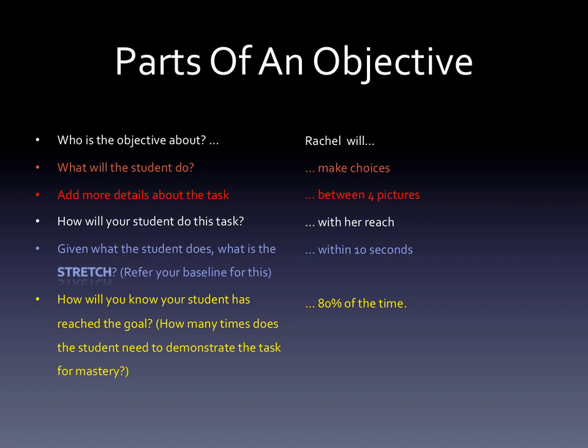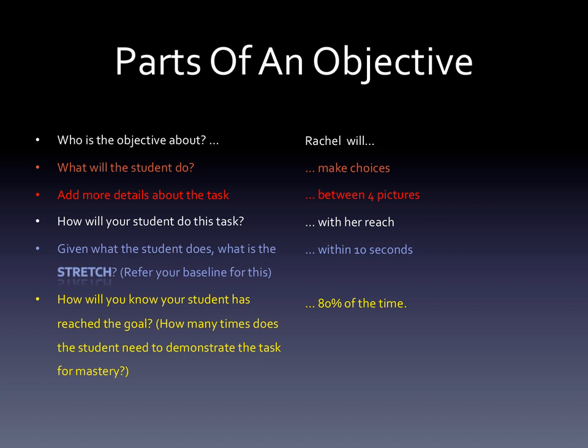In some cases, it might be with gaze, with reach, or if using auditory scanning, the student might smile to indicate the choice. This information needs to be placed within the objective. I always like to ask myself, and I think this is really helpful, would someone who does not know the student be able to visualize what I am describing? If not, then I need more detail.